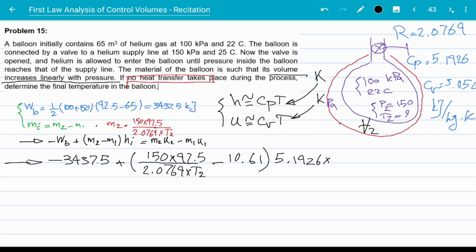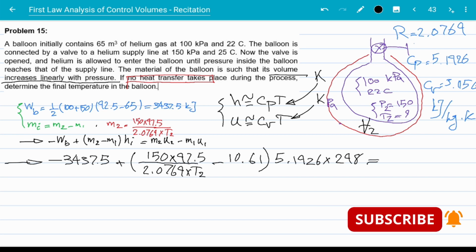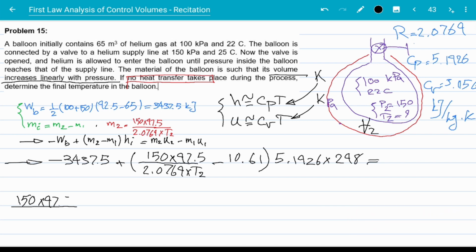So the temperature of the supply line is 25 degrees, which is 298 Kelvin, is equal to m2, again, 150 times 97.5 over 2.0769 times unknown T2, times u2, which is Cv of helium, 3.1156, times the temperature T2, minus m1, which is 10.61, times Cv of helium, 3.1156, times temperature T1, which is 22 degrees Celsius, in Kelvin that is 295.